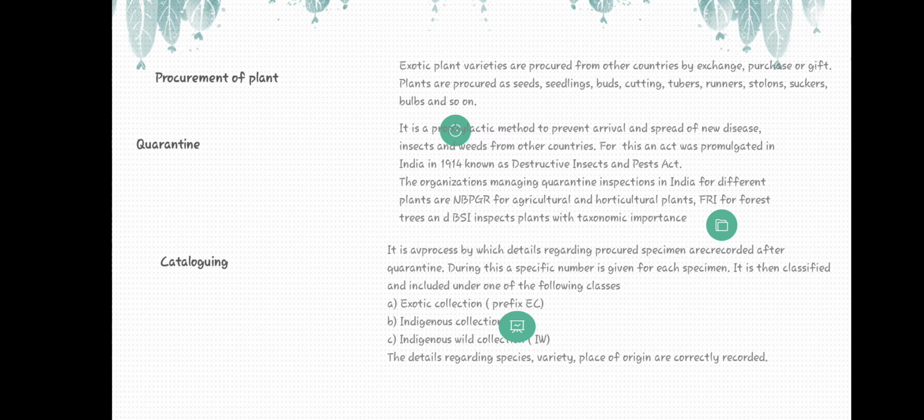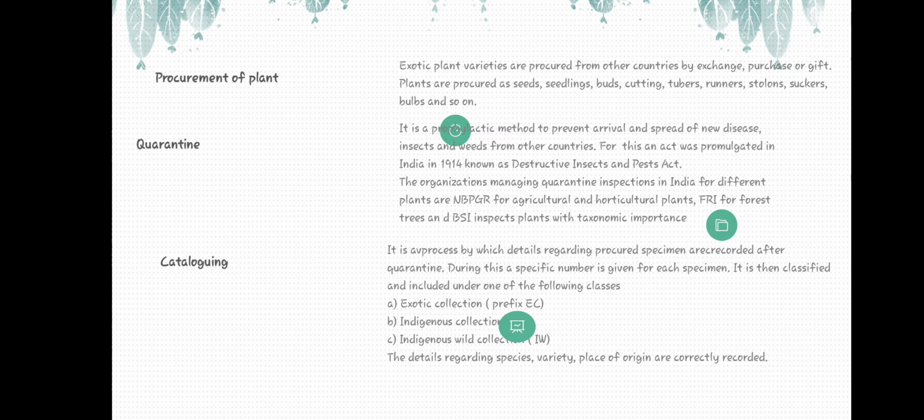Plants that come under forest trees or wild varieties are quarantined by FRI, Forest Research Institute. If the plants are of taxonomic importance, then BSI does the quarantine inspection.